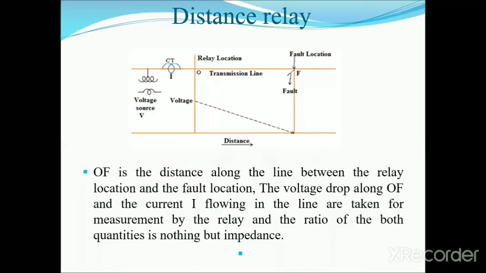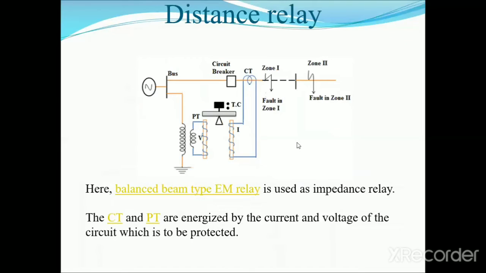Suppose the magnitude of current increased, automatically that voltage will be reduced. Okay, in that case, the relay will indicate the tripping signal or tripping command to the circuit breakers.